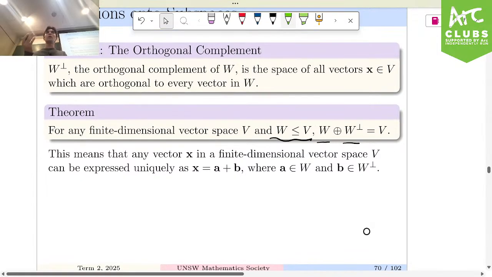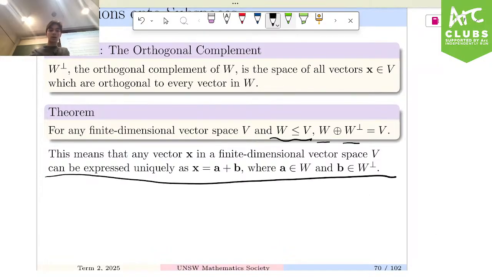Or another way to think about it is the span of all the basis vectors that are left over, right? This means that any vector X in a finite dimensional vector space V can be expressed uniquely as a sum of a vector from W and a vector from W perp, right?